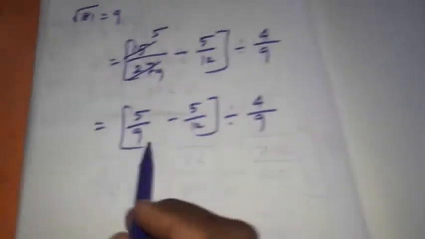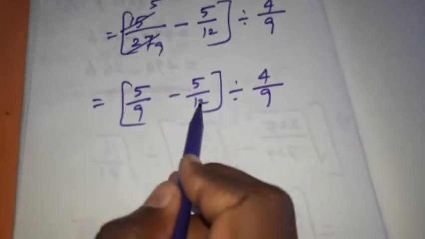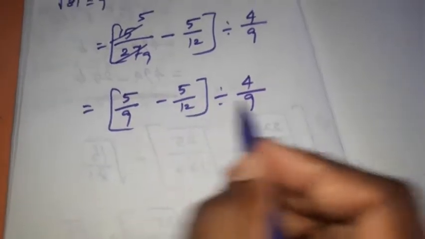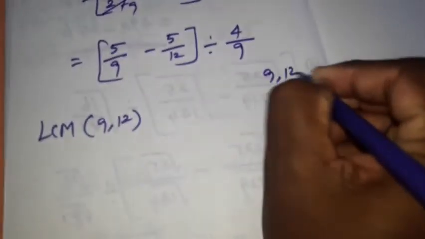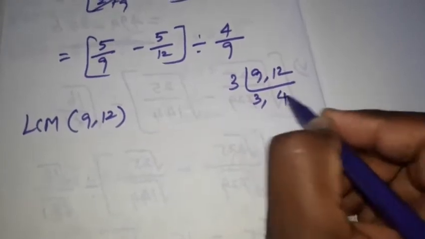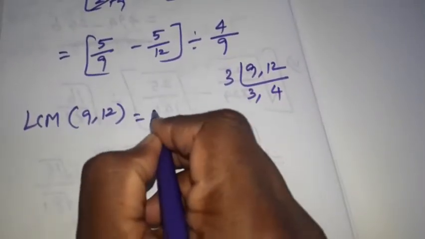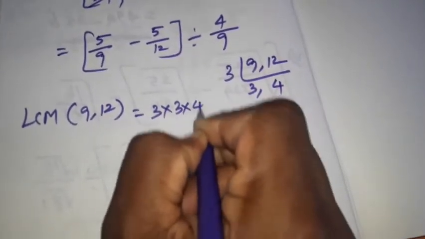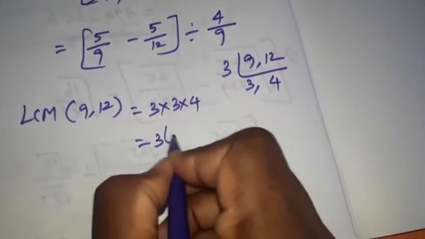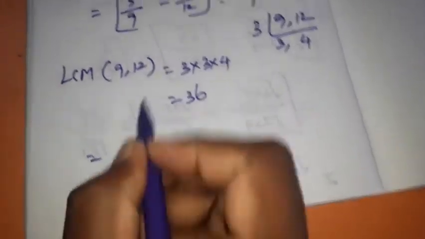Next, here 9, here 12. The denominators are different, therefore take the LCM of 9 and 12. In the 3 table, 3 3s are 9, 4 3s are 12. So 3 into 3 into 4, 3 3s are 9, 9 4s are 36, that is the LCM.